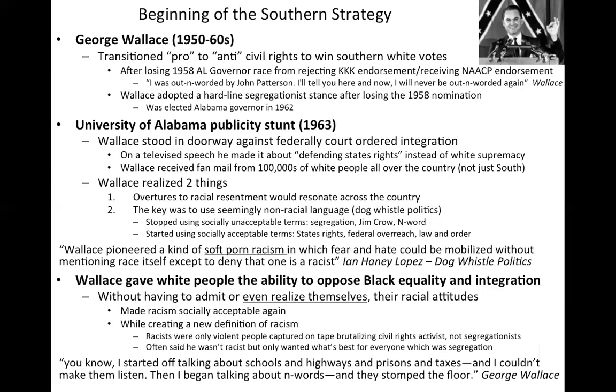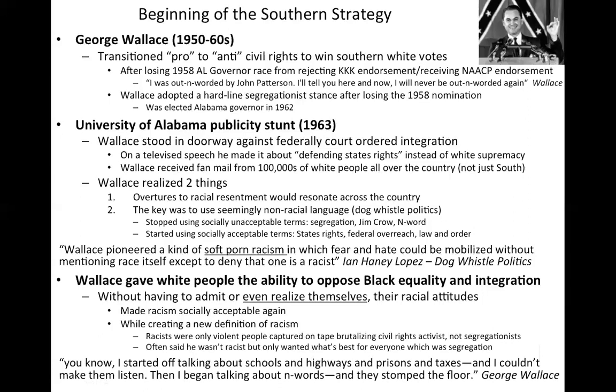Ian Haney López talks about how Wallace pioneered a kind of soft-core racism in which fear and hate could be mobilized without mentioning race itself, except to deny that one is racist. So this gave a socially acceptable way to support racist policies while being able to deny openly, or even deny to yourself, that you're racist.